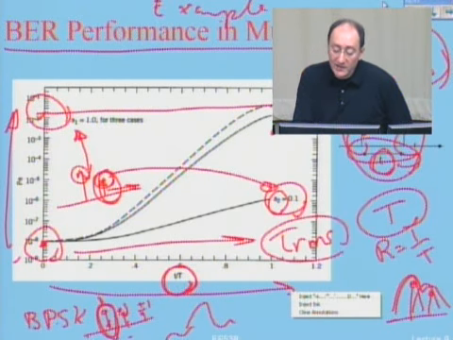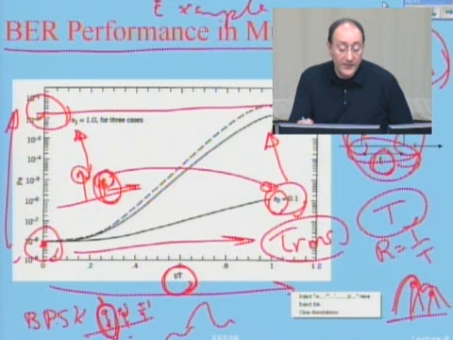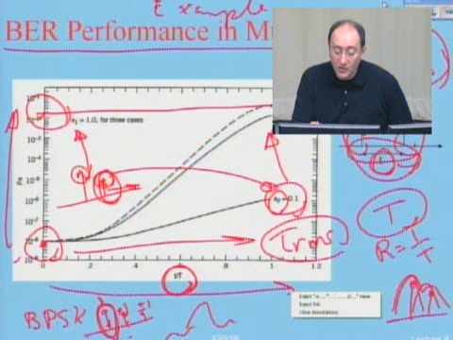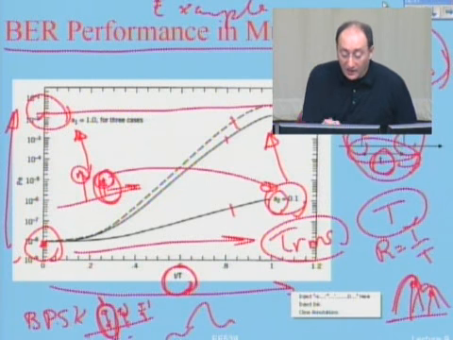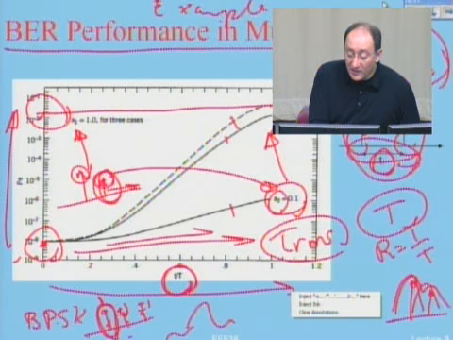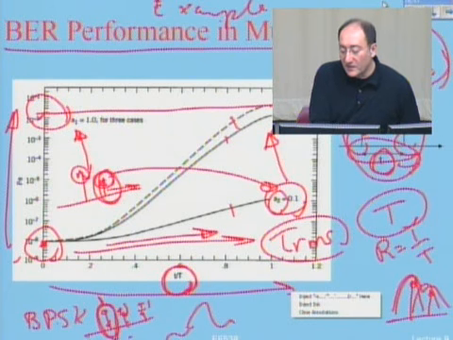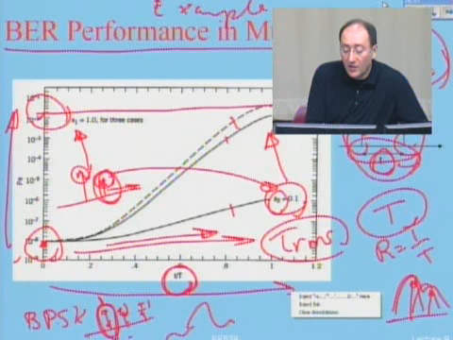As tau RMS is increased, the effect of multipath is going to increase. If I go from here, compare here, here, here. And also I'm increasing the multipath in this direction too. As multipath spread is increasing by changing the tau, my error rate also gets worse.